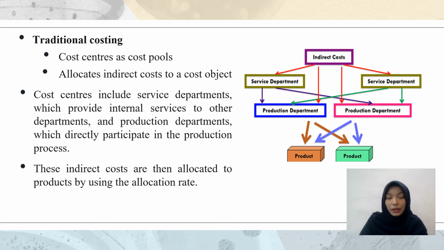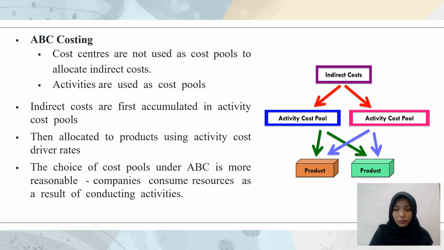By this time, the indirect costs accumulated in production departments include the department's own indirect costs and any indirect costs received from service departments. These indirect costs are then allocated to products by using the allocation rate, which is also called the absorption rate.